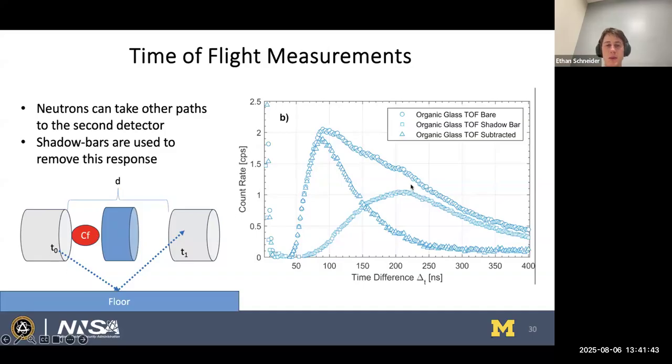You can see the impact of the shadow bar in this distribution to the right, where we have our bare system, this one here in the circles, as well as the shadow bar, where we have all these scatters. So this is a look at all these neutron counts. We go from this rounded distribution that includes all of these, which is superimposed upon the actual distribution we want for this time of flight.